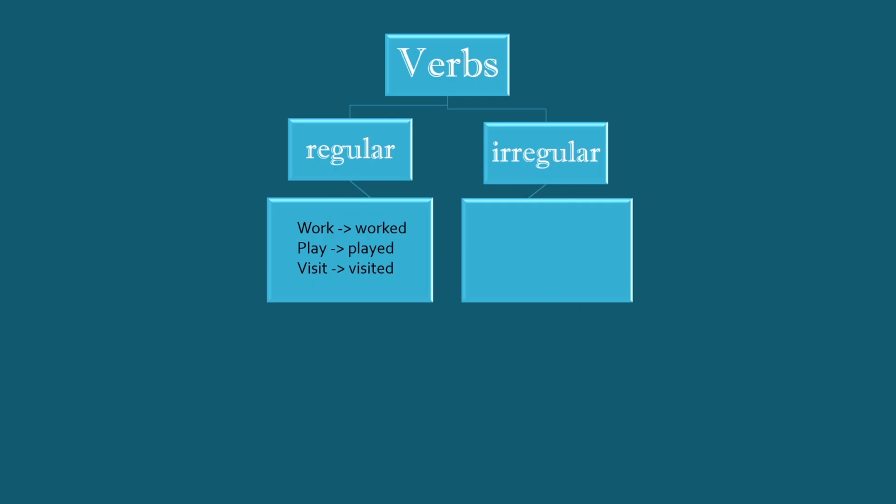Visit would be visited. For pronunciation, I can say that the ed ending can sound like d, like in played, or t, like in worked, or ed, like in visited or started.